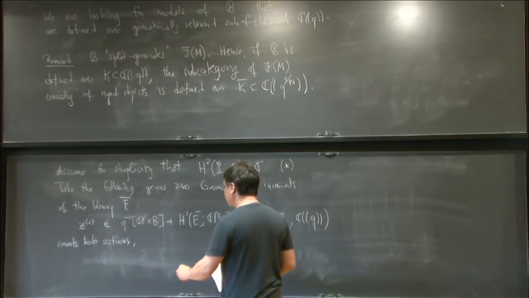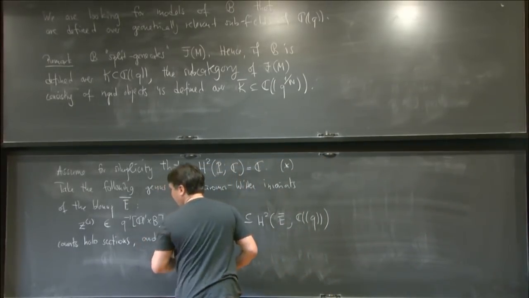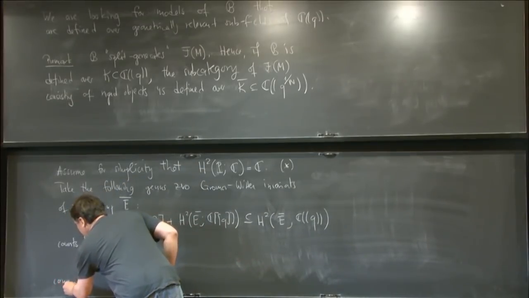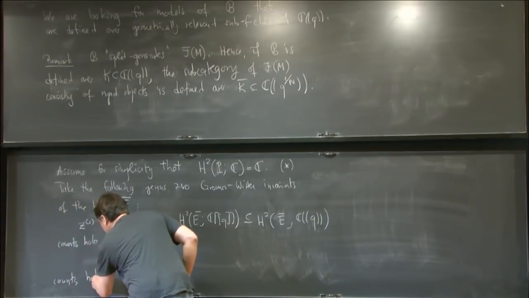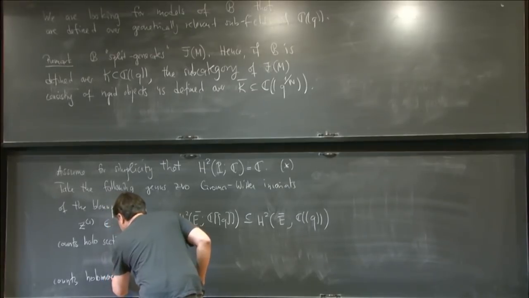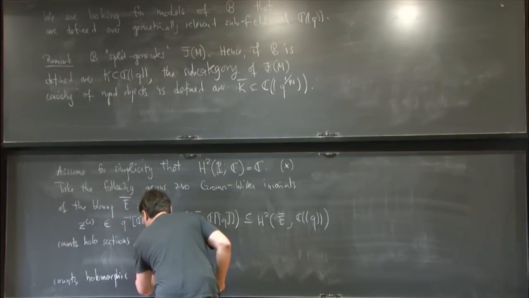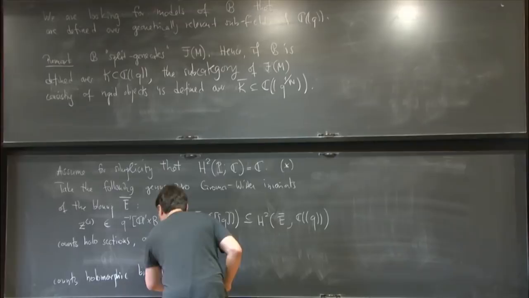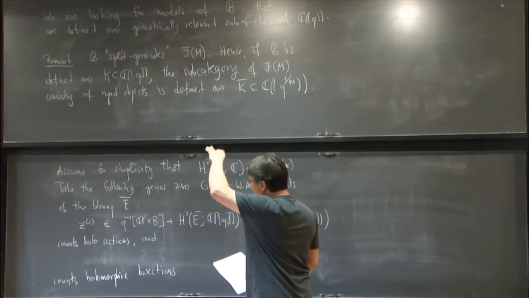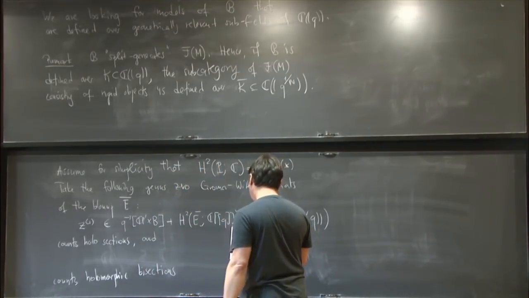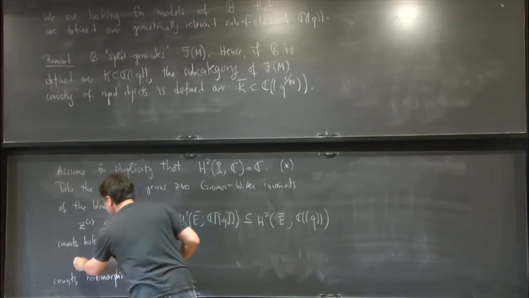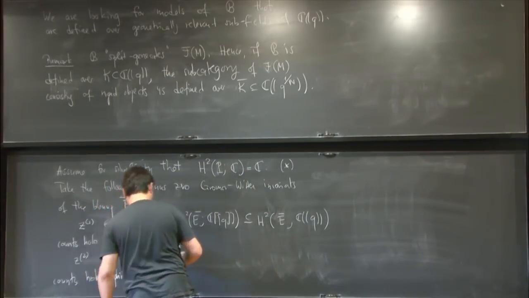Okay? And you can also count holomorphic bisections, which are things that map 2 to 1 to the CP1, and let me call this Z upper 2. I know the notation is kind of non-standard.